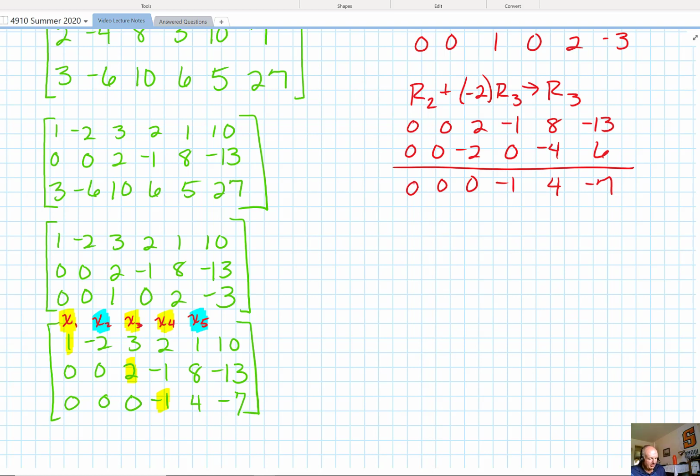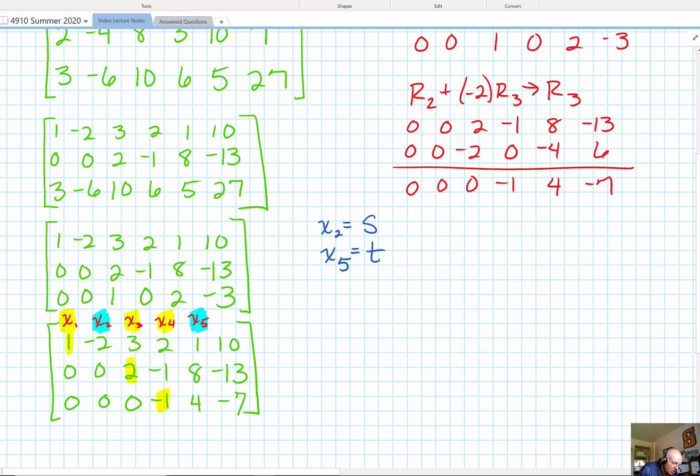The first thing we do is identify the free variables, x sub 2 and x sub 5. Those are our two free variables, the two variables you get to assign parameters to. So x sub 2 we'll call s, and x sub 5 we'll call t.